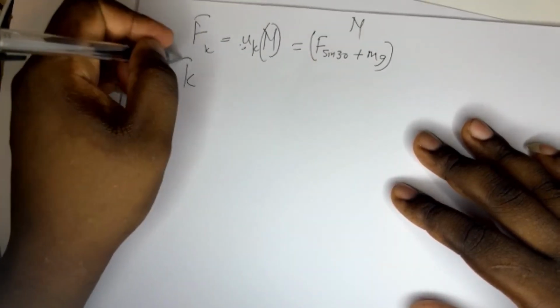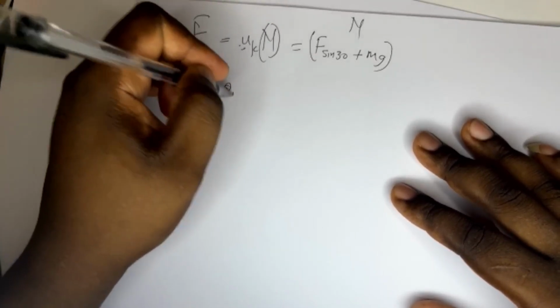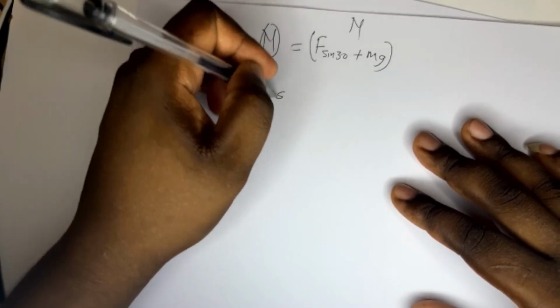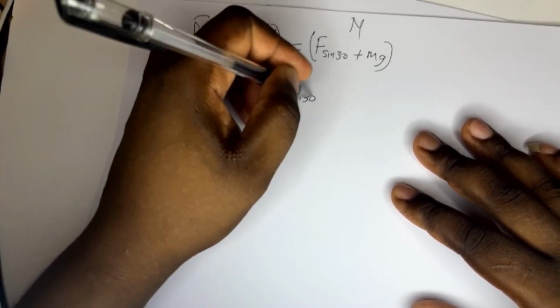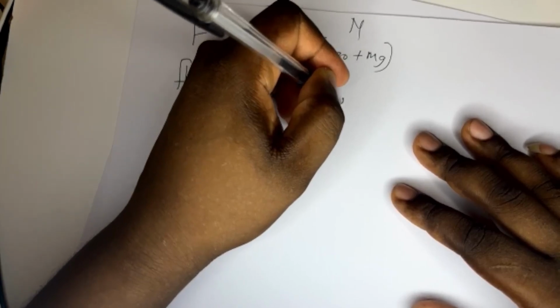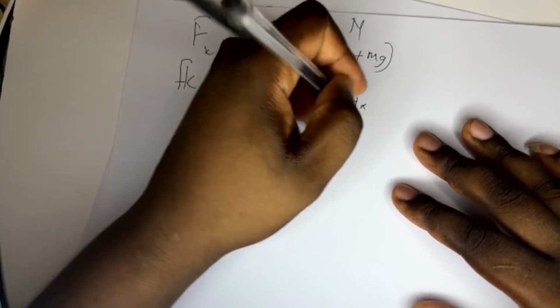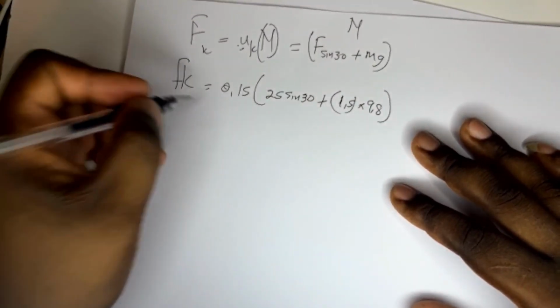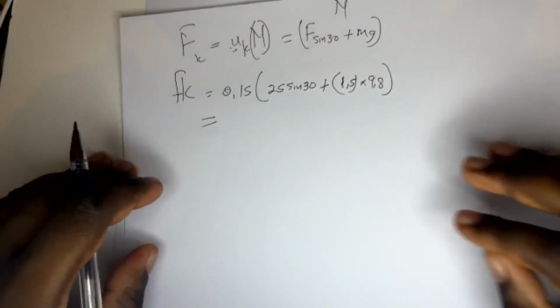Then we'll have Fk is equal to 0.5, sorry, 0.5 multiplied by 25 multiplied by sine 30 plus 1.5 multiplied by, let me put the brackets, 9.8, which must be inside here.